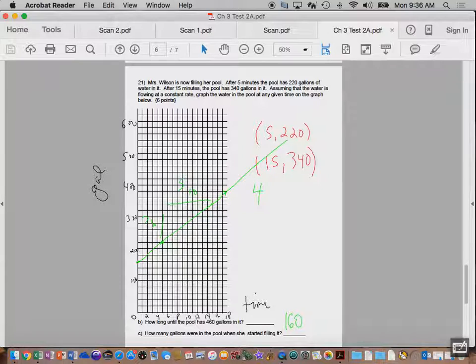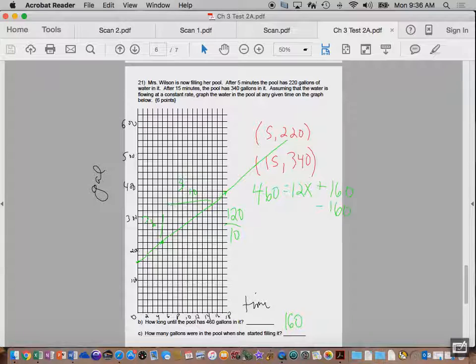So I'm going to use 460 equals, and the slope is up 6, which is a total of 120, over 10 minutes, so that's 12. 120 over 10 is 12. x plus the y-intercept is 160.